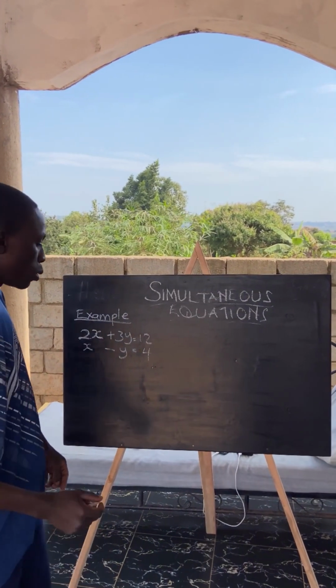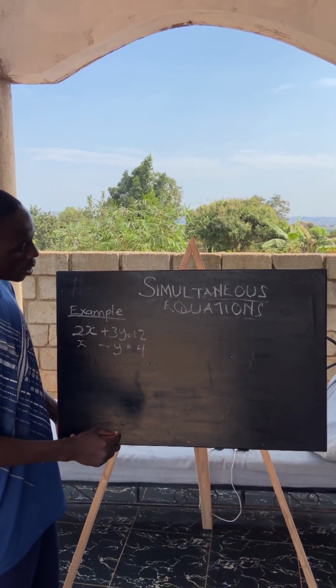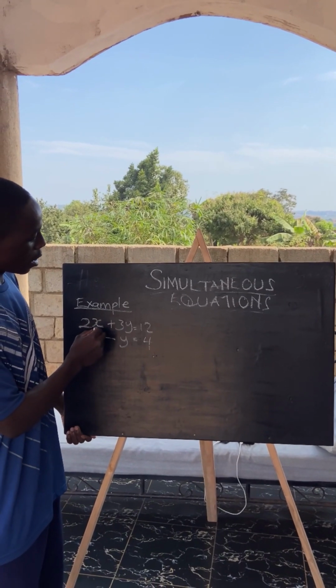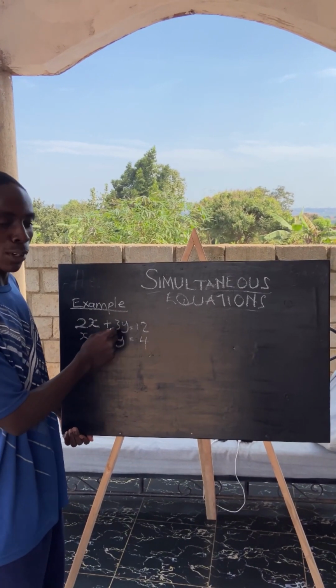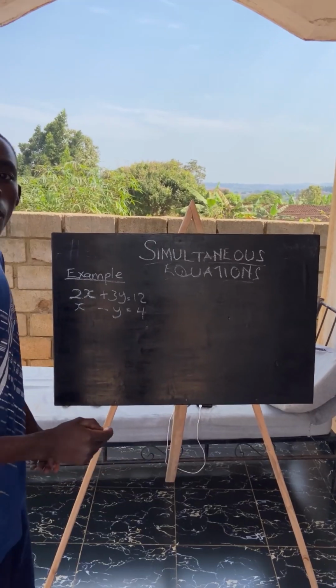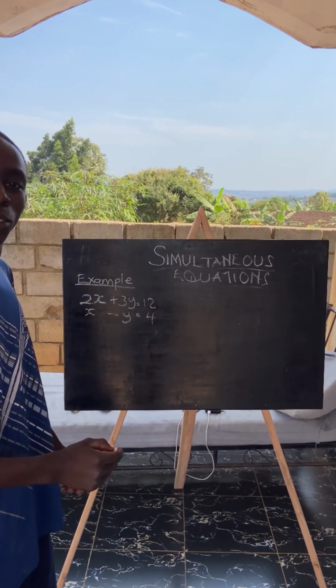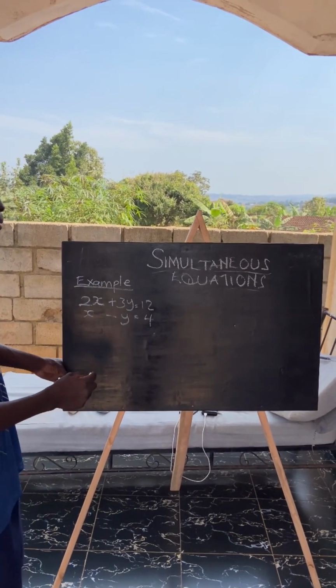Simultaneous equations will be basically looking at unknowns, solving unknowns. At our level, we are going to be looking at the two variable systems.